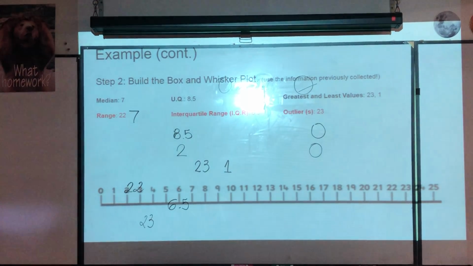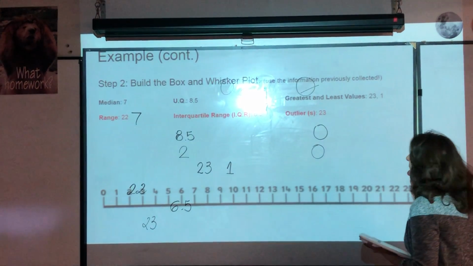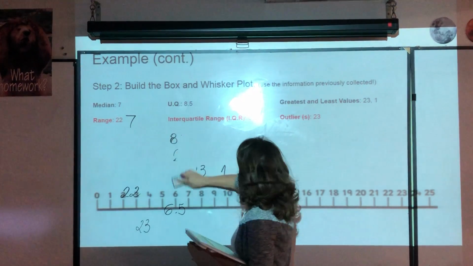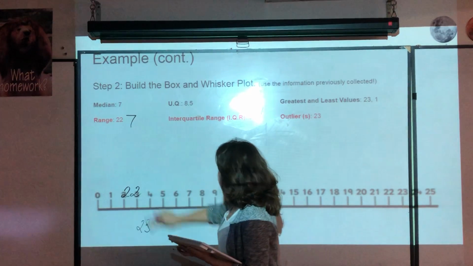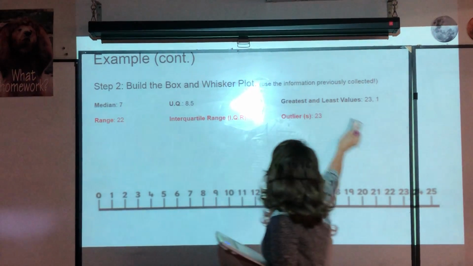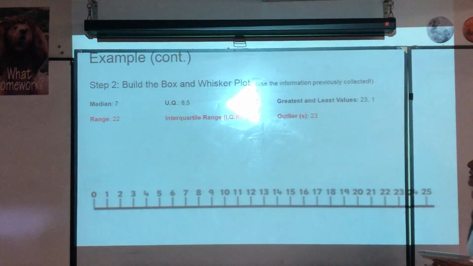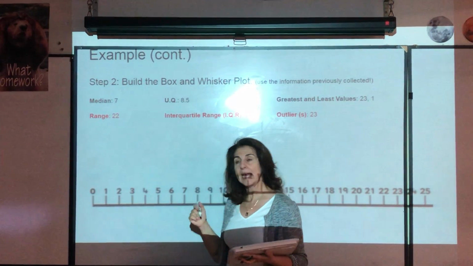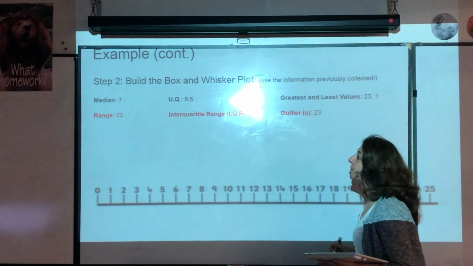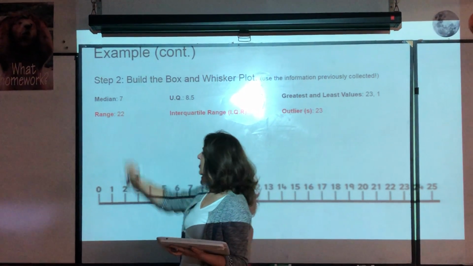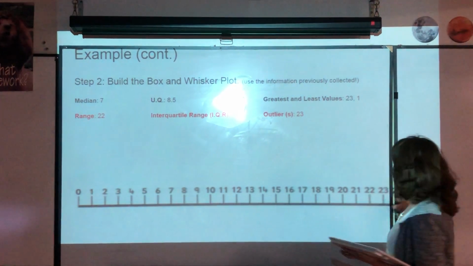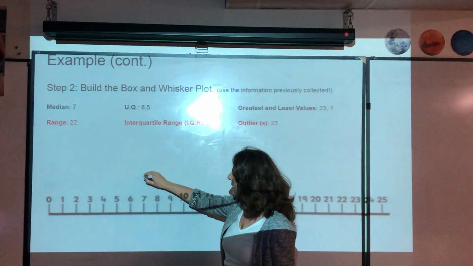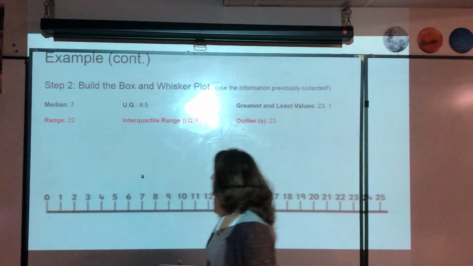Okay, so now with all that information, I can start building my box and whisker plot. For me to build that, I need the information that was in the previous slide, so I wrote it down over here for you. The median is 7. So I come here on my number line, and I mark number 7 right here.